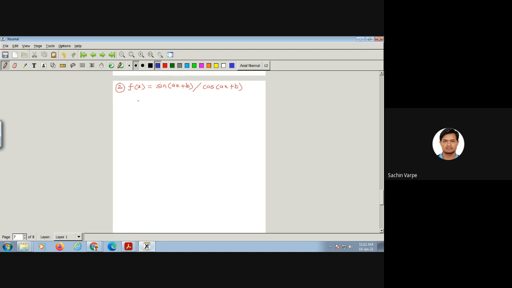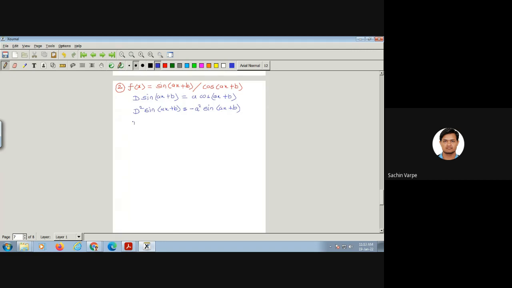We do the same thing if we operate D onto sine ax. What will happen? Derivative of sine ax plus b will be a cos ax plus b, right? If we take one more derivative, D square of sine ax plus b, what will it be? That will be a into derivative of cos, which is minus sine, and one more a, so minus a square sine of ax plus b.